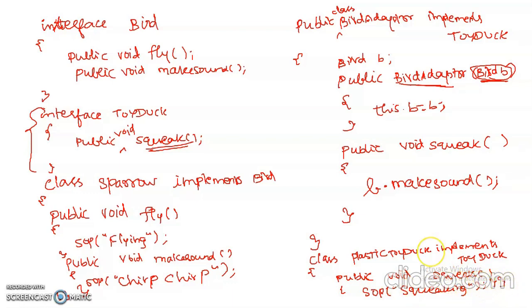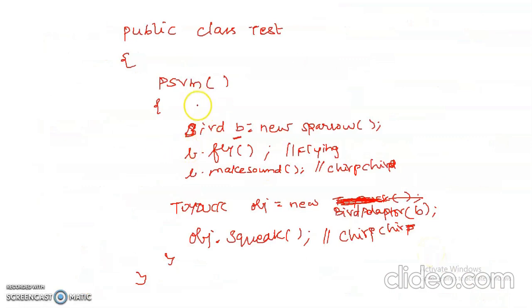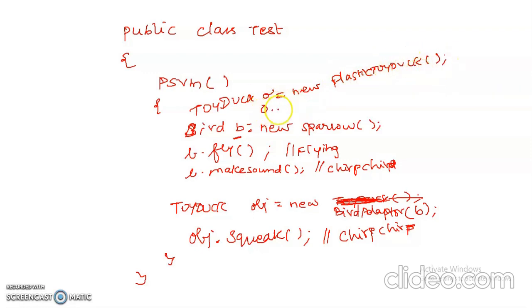Let us print squeaking. If we have created an object here, ToyDuck object equal to new PlasticToyDuck, I am going to use this object o.squeak. This will provide the result squeaking.